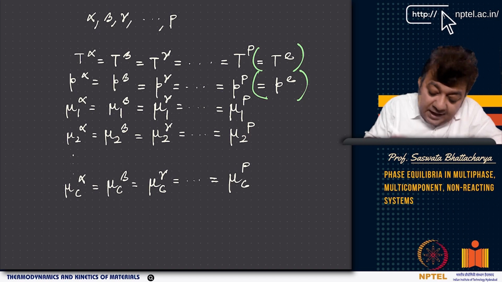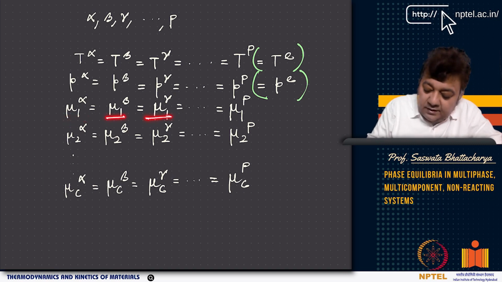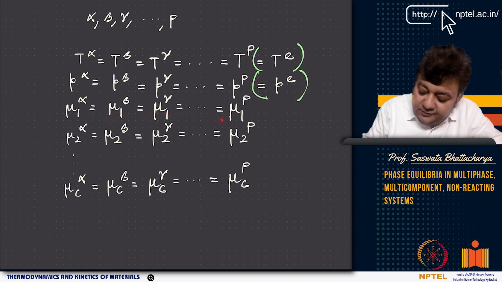So at equilibrium you have T alpha equals T beta equals T gamma up to T P, and P alpha up to P P, because we have phase P also. Again, for each component, for example component 1, the chemical potential in alpha should be equal to the chemical potential in beta, equal to that in gamma, up to the chemical potential in P. Similarly for component 2 and up to component C.